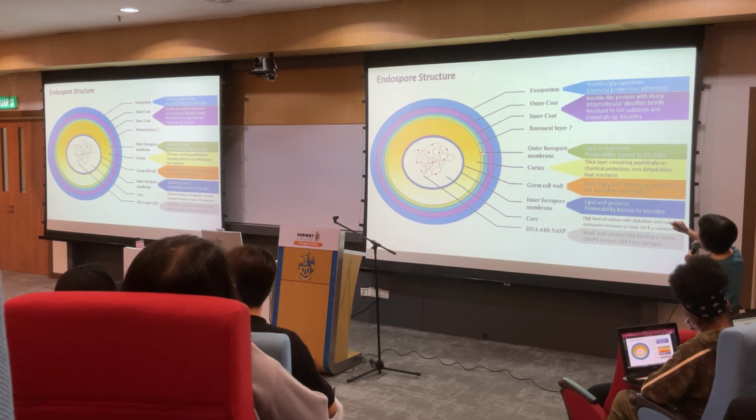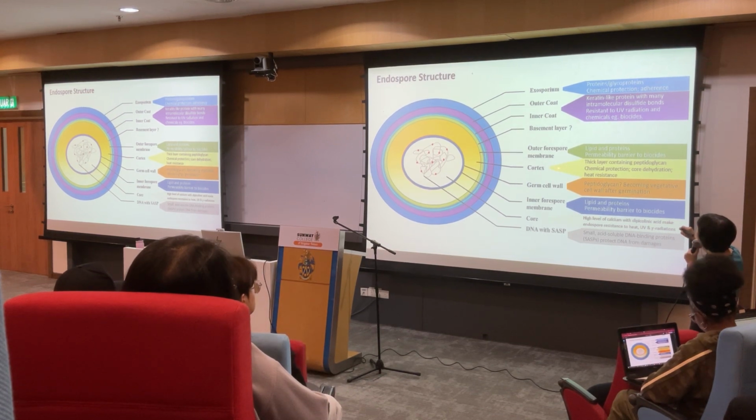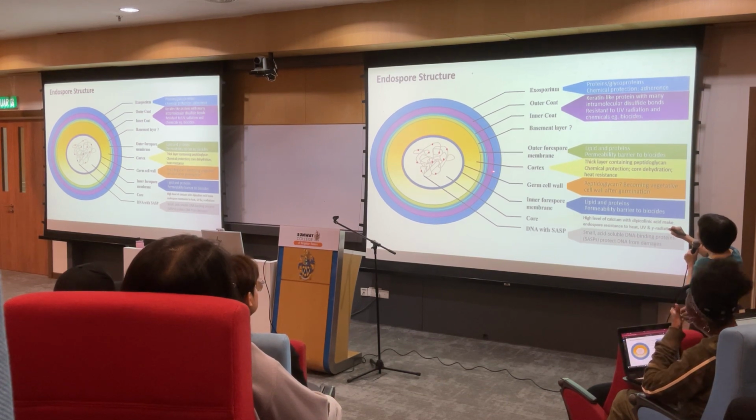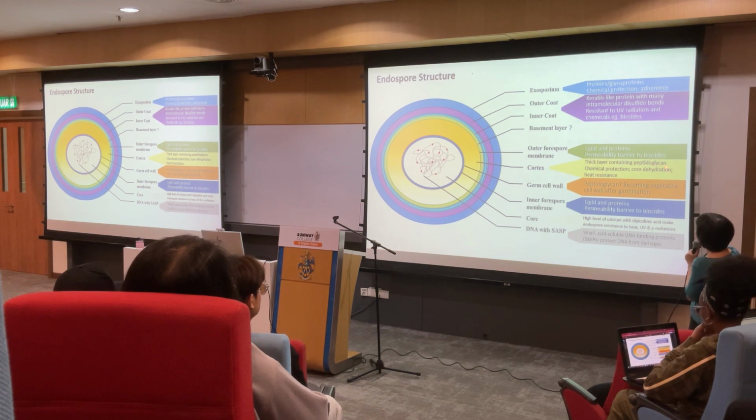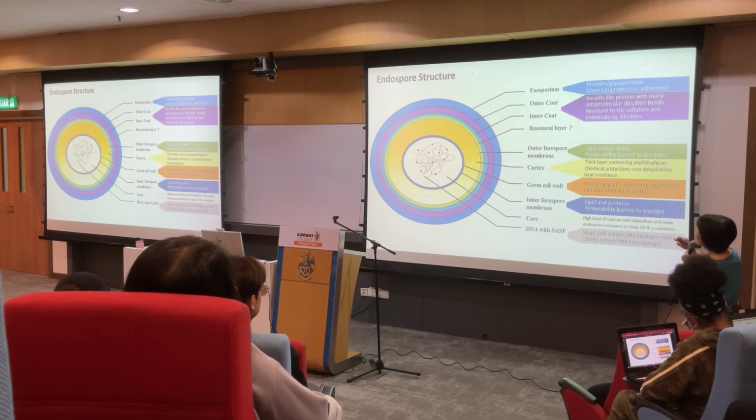Furthermore, the cortex is a very thick layer, very obvious under the microscope. It contains mainly peptidoglycan, so it protects the inside. Everything is trying to protect the chromosomal DNA inside from chemicals, dehydration, and also heat. The germ cell wall is another layer they found, but they are not too sure whether it is peptidoglycan.